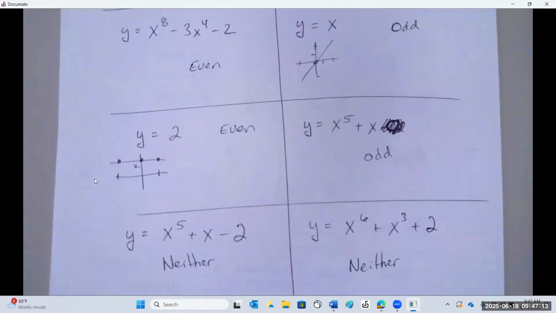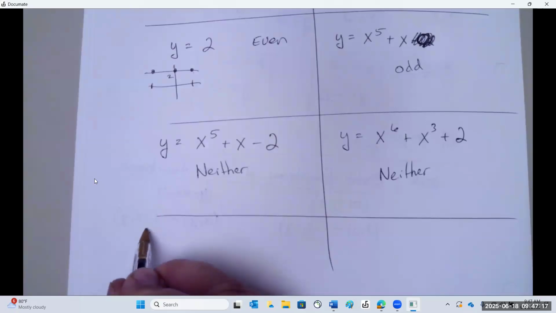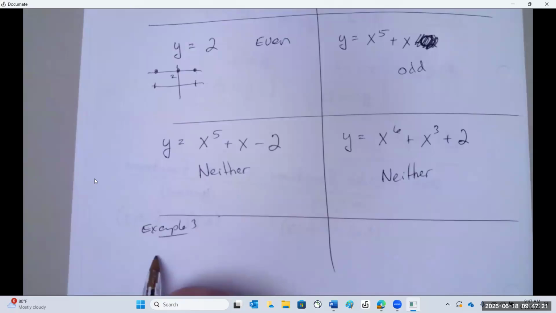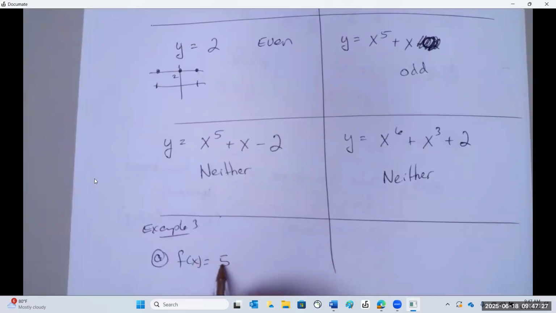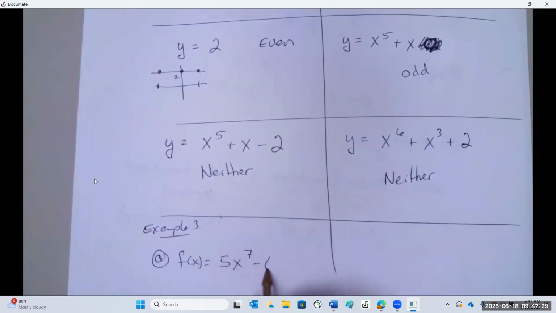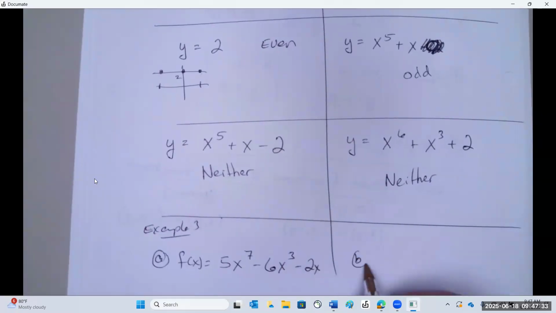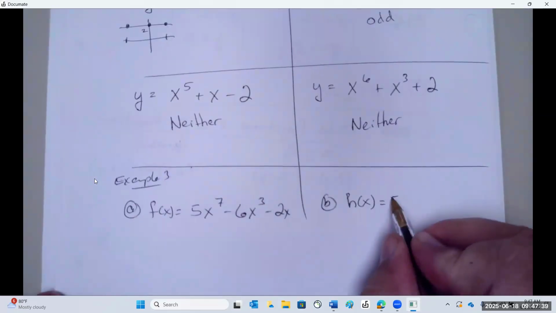Okay, so again, I'm going to give you 2 questions here. These are example 3. Tell me, your final grade depends on these answers.